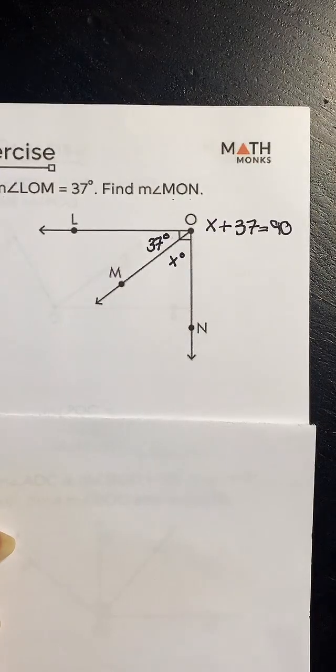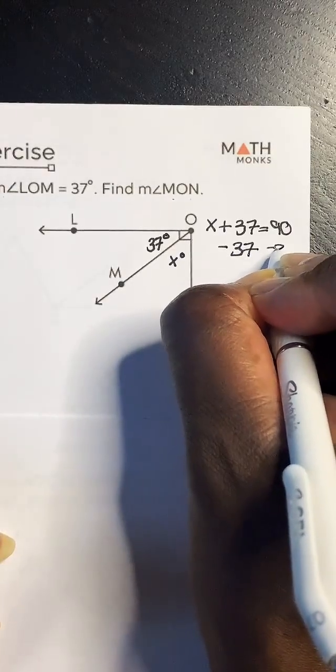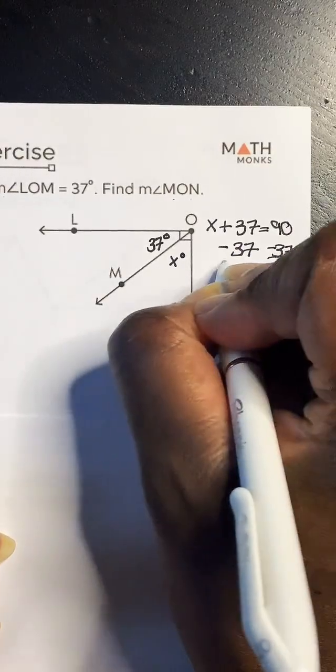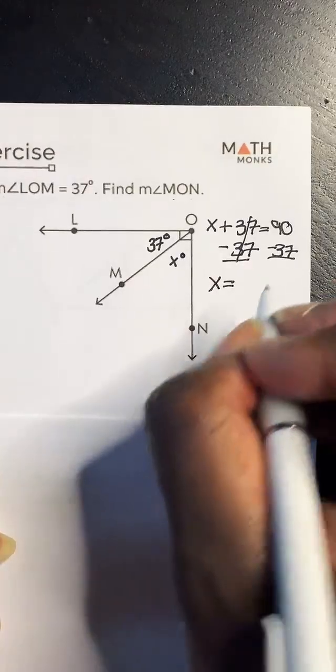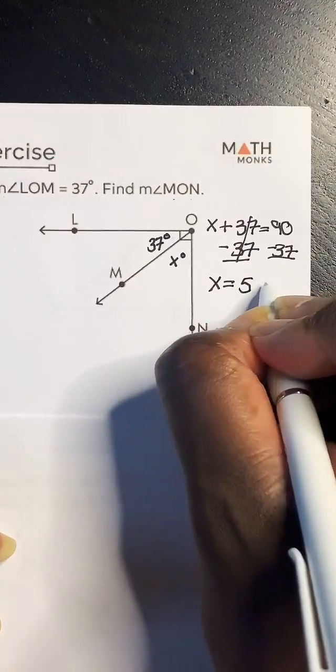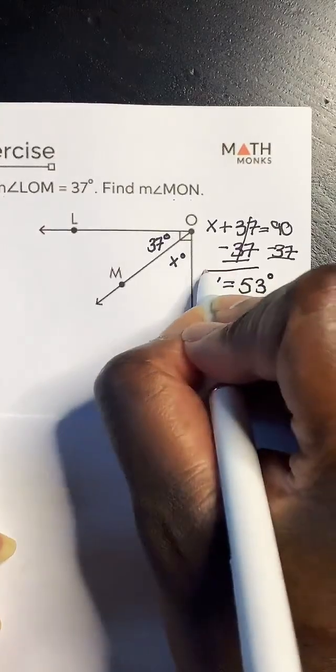So hopefully you're seeing it by 90 minus your 37. If I subtract 37 on both sides, you will see that x is going to equal 53 degrees.